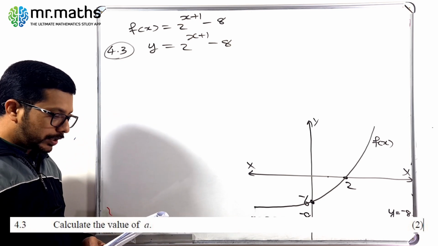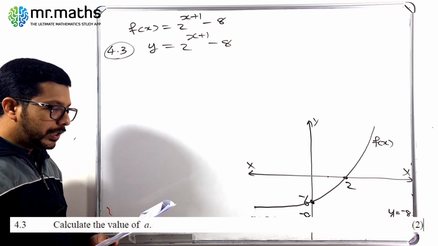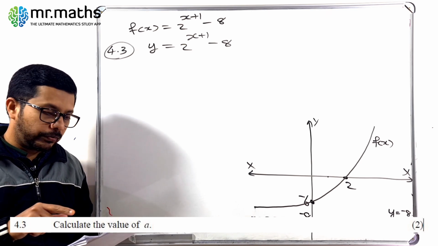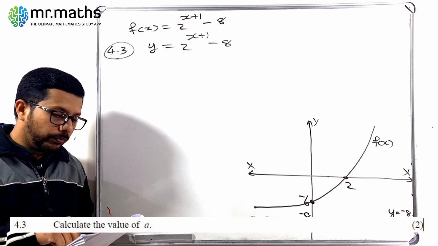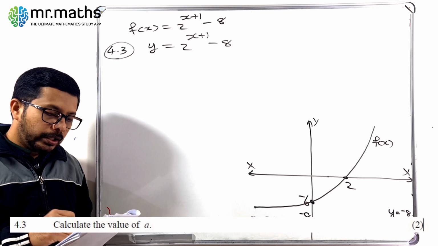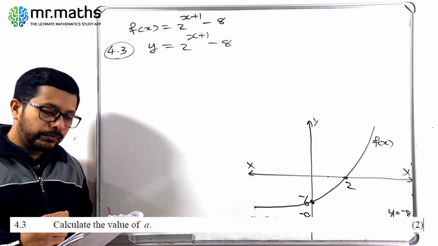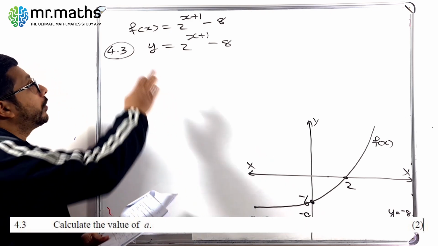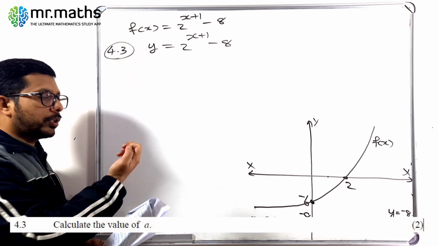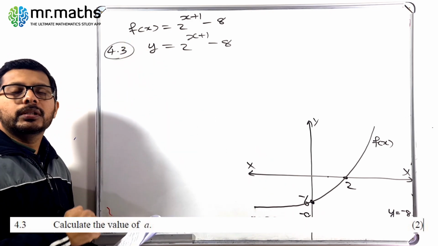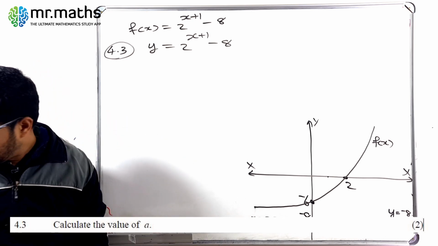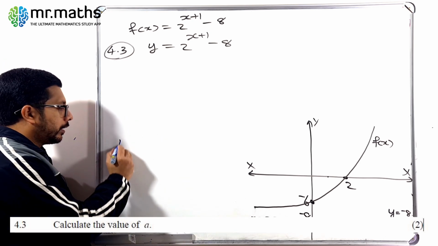Now they are saying that the graph of G is obtained by, there is a new graph. What is the name of that graph? G. The graph of G is obtained by reflecting the graph of f in the y-axis. So if you reflect this f of x graph based on the y-axis, that is called the g of x graph.